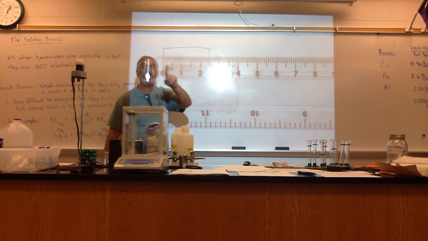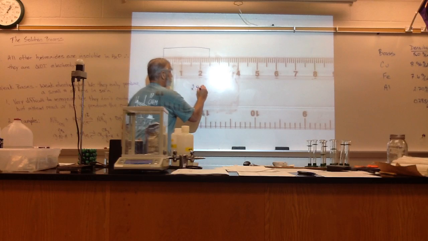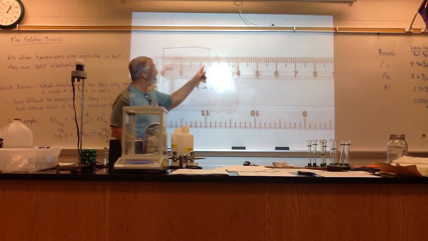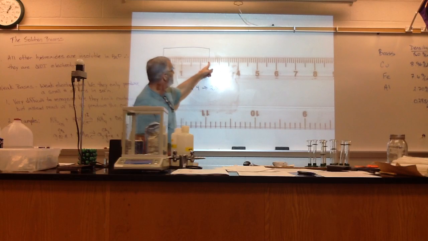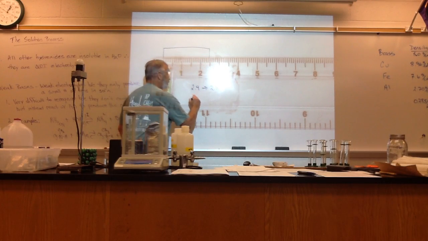You're only allowed everything we know for sure. We know it's between 2.4 and 2.5. So the 2.4 we know. We're going to guesstimate how far it is, and to me, it looks like about halfway, right? So we'd say 2.45 centimeters.